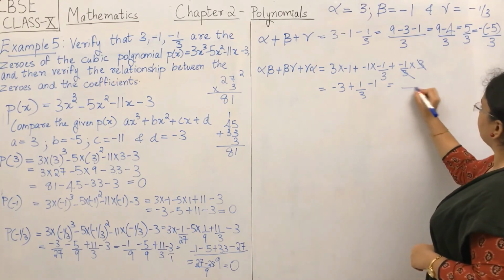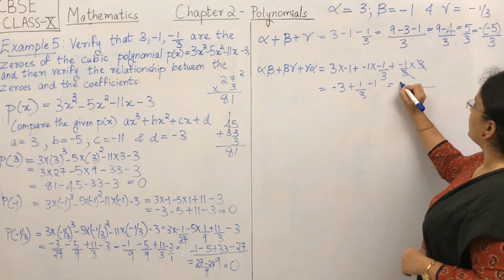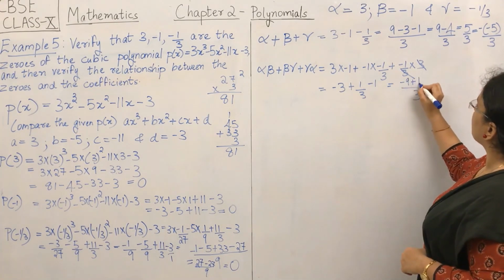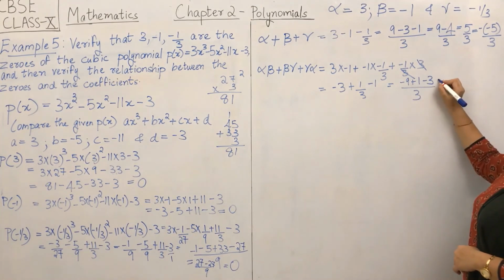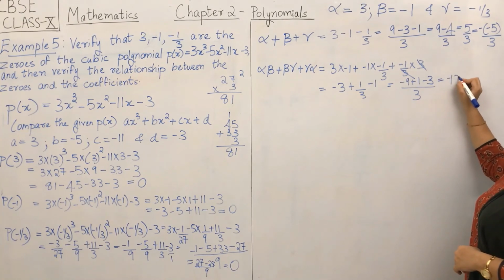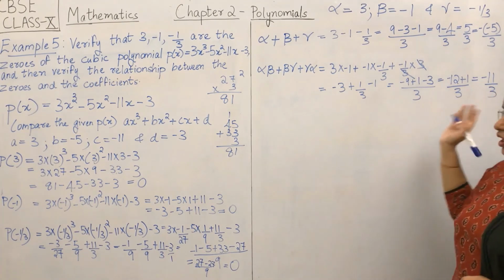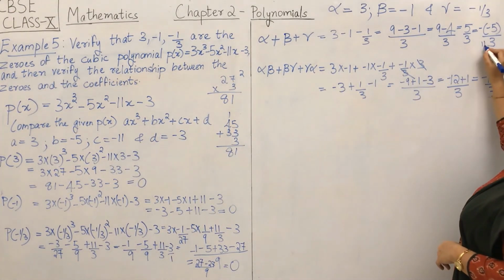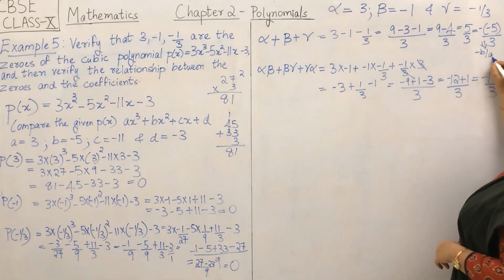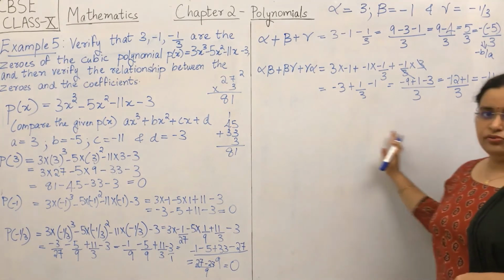LCM is 3. Here 3 into 3, it is minus 9 plus 1 minus 3. Okay, here minus 12 plus 1 by 3 equal minus 11 by 3. It's again equal to minus 11, which is c, right? It's again equal to c by a. So this is equal to minus b by a and this is equal to c by a. So we verified the first two cases.